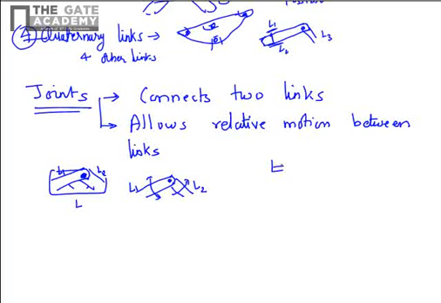Now I will give you some examples of joints. The simplest example is a pin joint that you can see here on the right hand side.